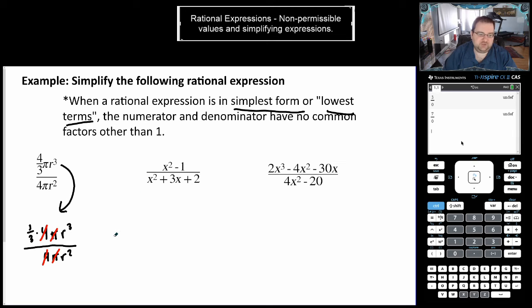And in the last section, we said if you have r cubed divided by r squared, it's going to be r to the power of 3 minus 2, which is r to the 1. I'm just reviewing some skills here. So this whole thing is gone, and this is also gone, because it's just going to be r to the 1.